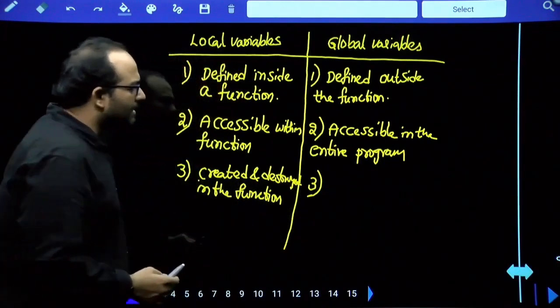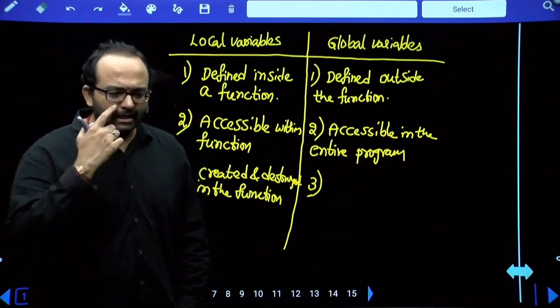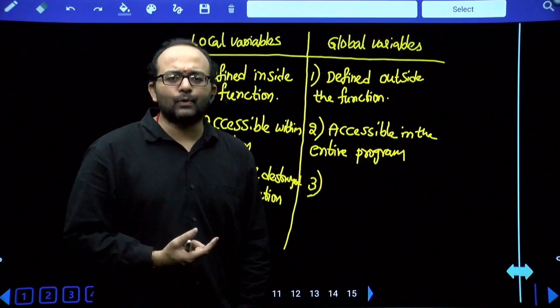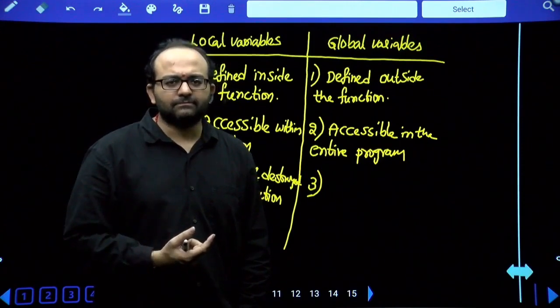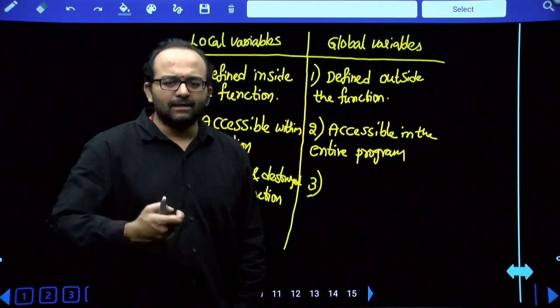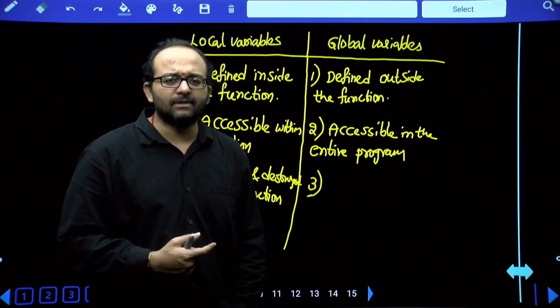So next, coming to the global variable. This is created and destroyed... the global variable is accessible to the entire program. Yes or no? So we can say such variables are created and destroyed till the program ends.